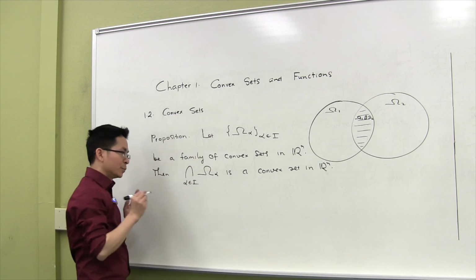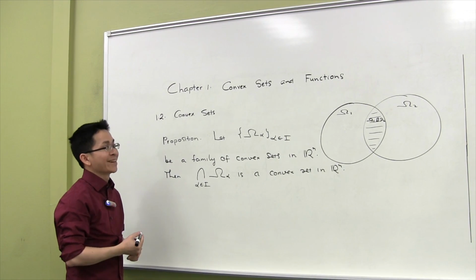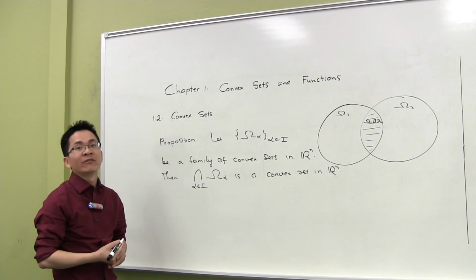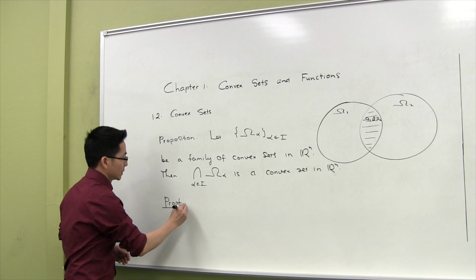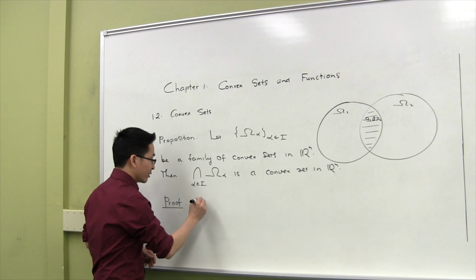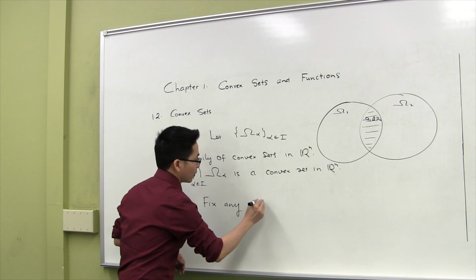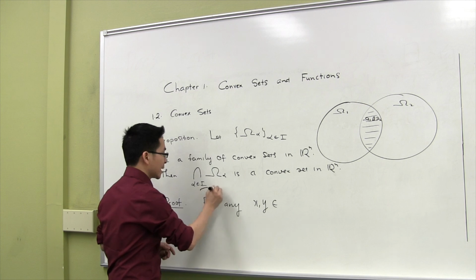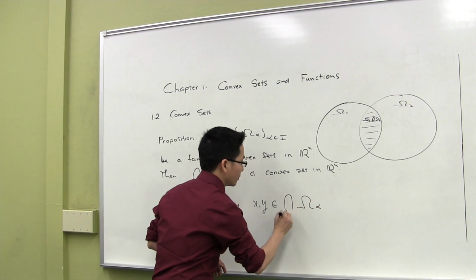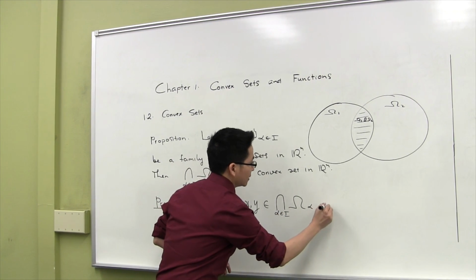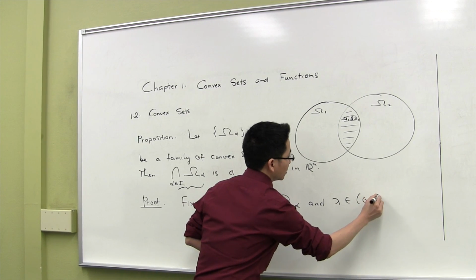Okay, the proof of this proposition is very simple. It follows directly from the definition of convex sets. So I'm going to fix any x and y in the intersection of omega alpha, where alpha runs in I, and lambda in the interval 0, 1.